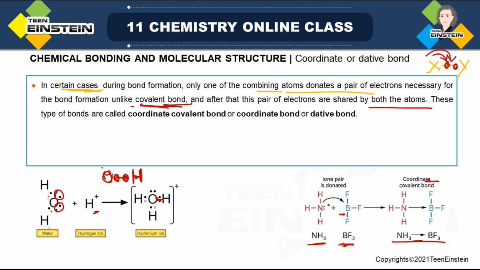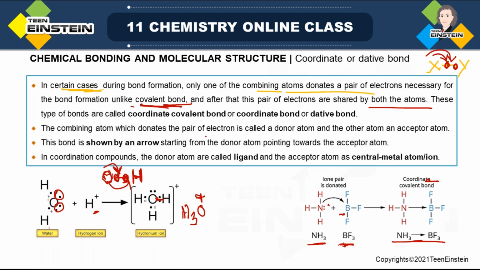Both these electrons are donated by oxygen. So that is why this is an example of a coordinate bond, and this is actually H3O plus, which is known as the hydronium ion.